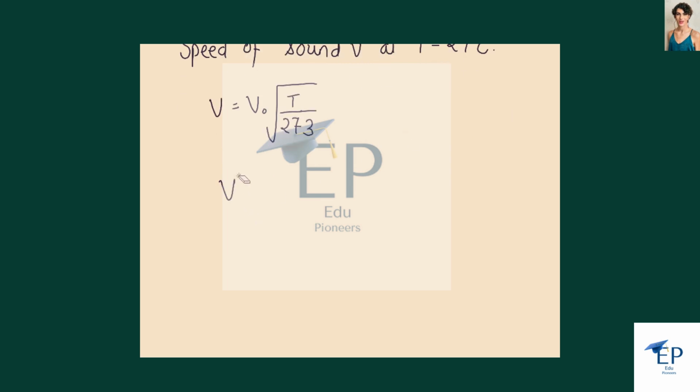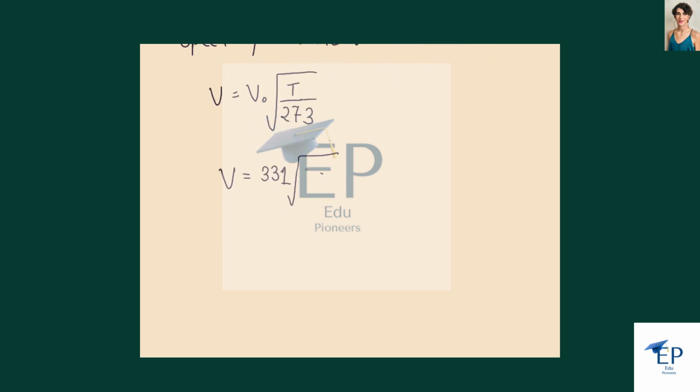V is equal to V naught, which is always 331, times the square root of this temperature. So this is 273 plus 24 degrees Celsius.